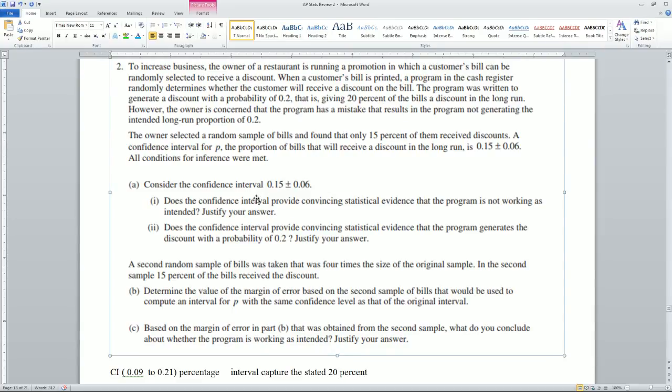Now he asks, does that also provide convincing statistical evidence that it does it at 0.2? What do you think? No, right?